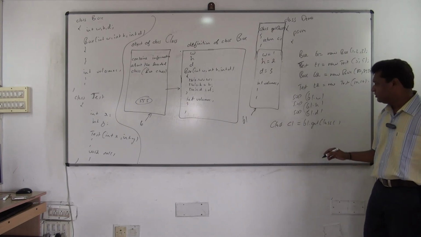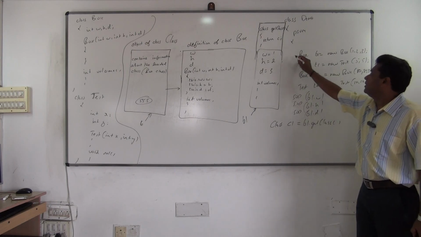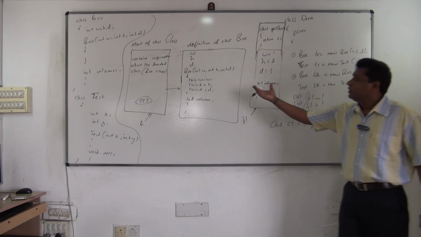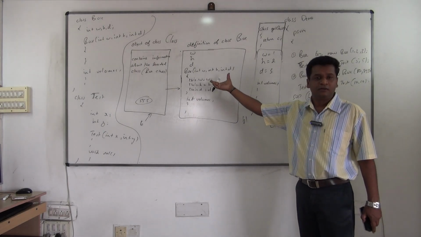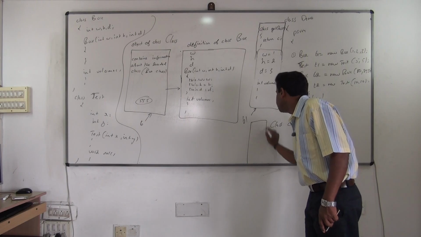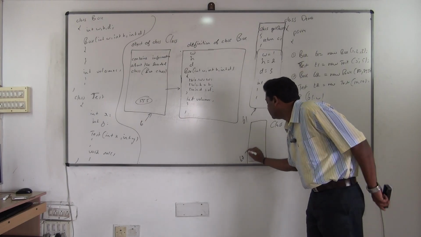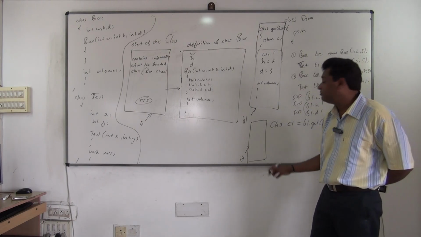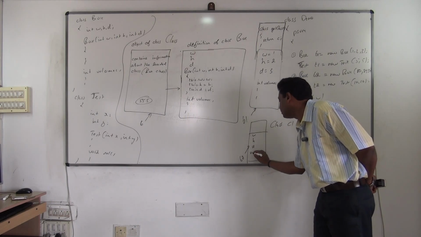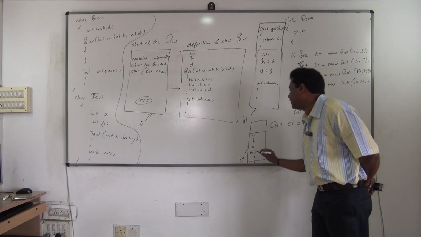Understood? Similarly, see now, next. Assume that after this line I have written this line: Box B2 is equal to new Box. Class Box has already been loaded. Only one object of Box gets created. What are the members of this? It will also have W, H and D. Just roughly I am writing now. It will also have the volume method and all that.